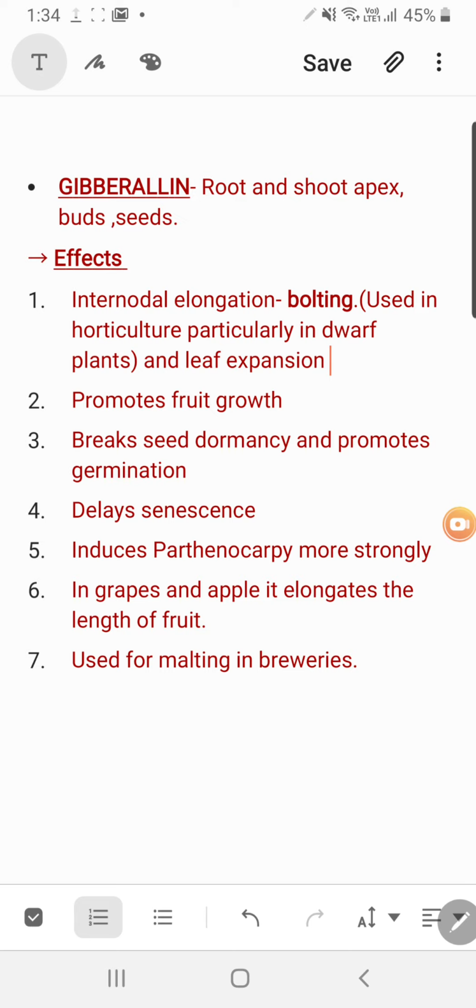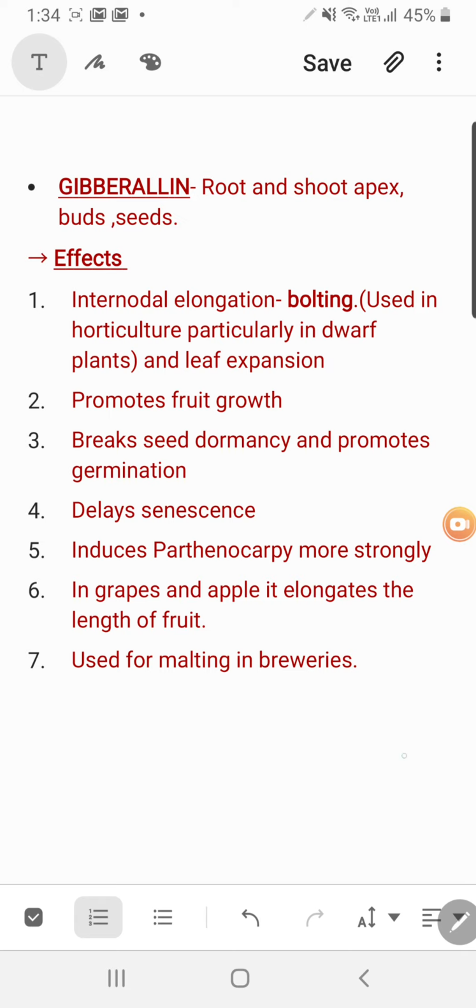The dormancy period is a state of inactivity where the seed will not germinate even if it is provided with favorable conditions. But seeds do germinate after some time. When they get the favorable condition, they do germinate, and this is under the effect of gibberellic acid, right?